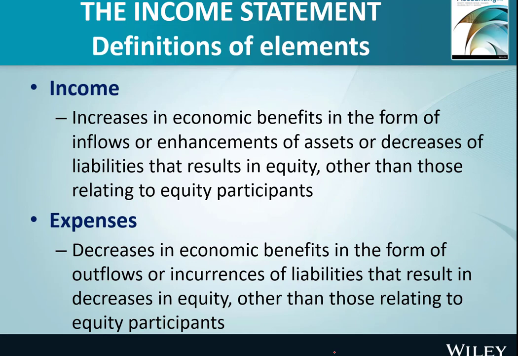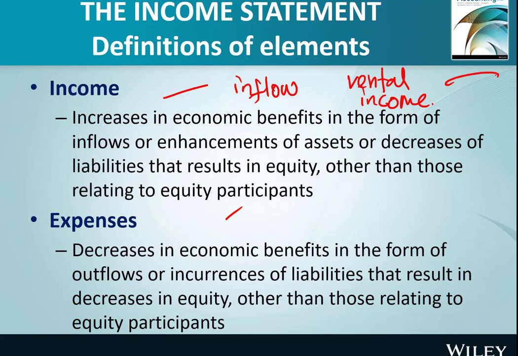Expenses are a decrease in economic benefit in the form of outflow or incurrence of liabilities that result in a decrease in equity. Income is normally linked to inflow, for example rental income. You have a building, you rent it out, so every month you receive money from your tenant.